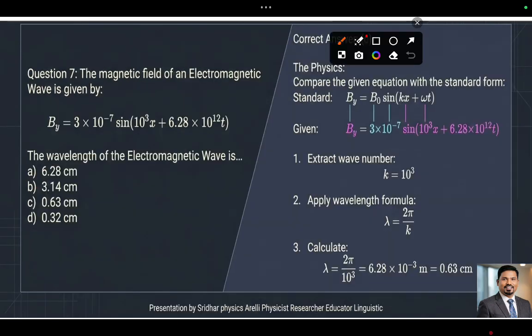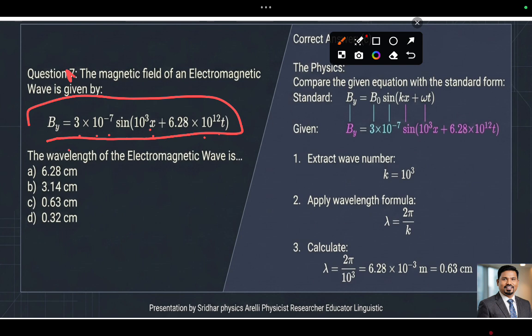Next question, the magnetic field of an electromagnetic wave is given by By equal to 3 into 10^-7 sin(10^3 x plus 6.28 into 10^12 t). So now simplify this.